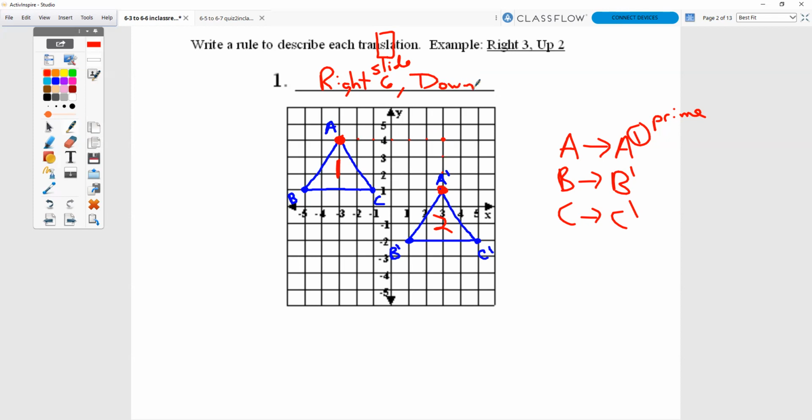So it's a translation of right 6, down 3. If we looked at B or C, it would be the exact same thing. Starting at B, 6 to the right, 3 down. If I looked at C, I'd start here and go 6 right, 3 down. It doesn't matter which one you look at, but you have to go from the letter to the same letter prime.